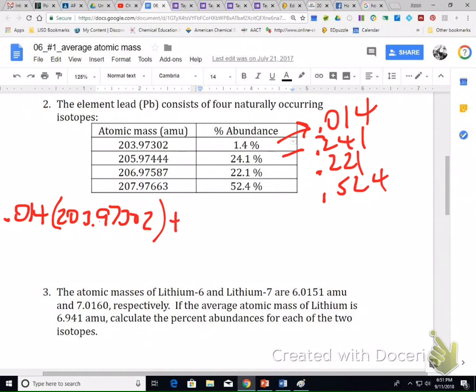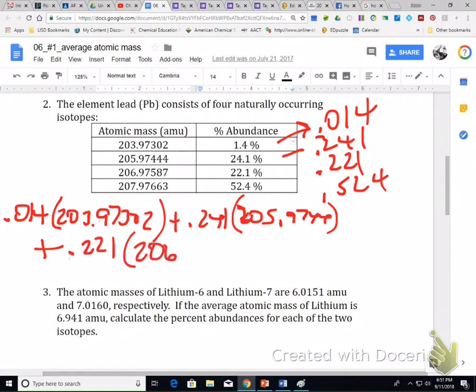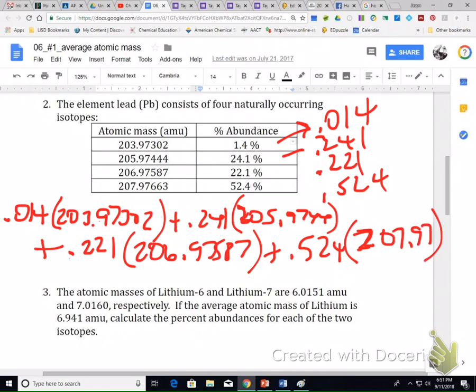And then we're going to add to that the product of 0.241 times 205.9744, and then the next one, 0.221. What a bunch of numbers. And then 0.524 times the final thing here, 207.97. So there we go.